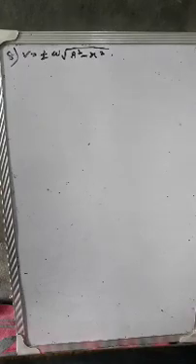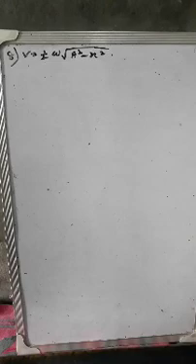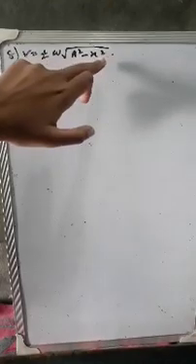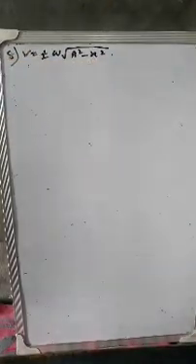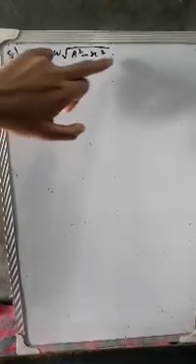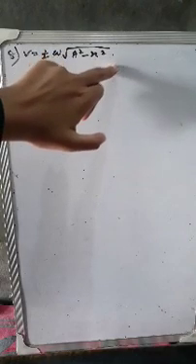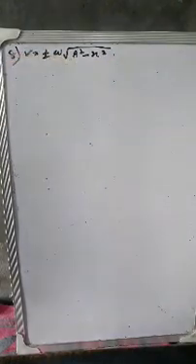This is the case when a particle is undergoing SHM and the displacement from its equilibrium position is x. This is the formula that you have read in the theory classes.